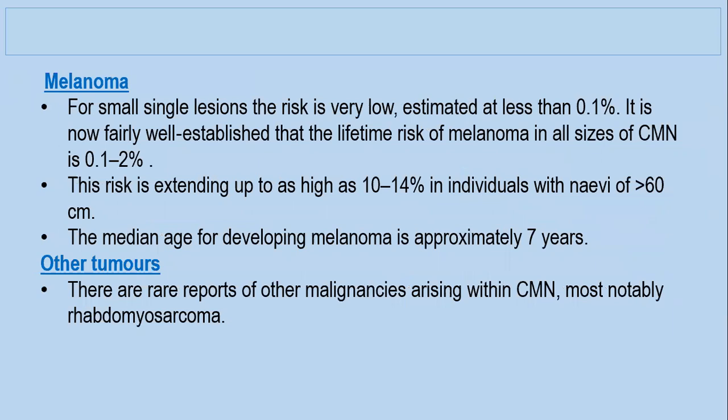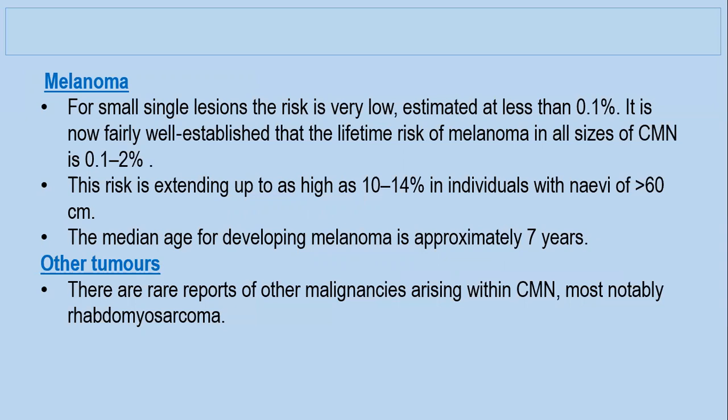Then melanoma risk. For a small single lesion, the risk is relatively low and estimated as less than 1%. It is now fairly well established that the lifetime risk of melanoma in all sizes of CMN is 0.1 to 2%.